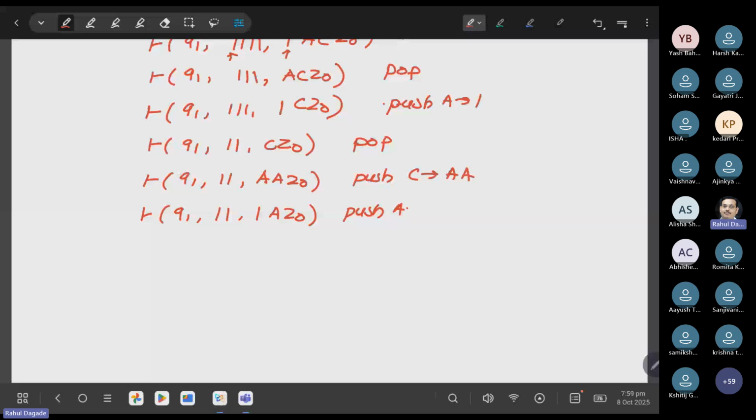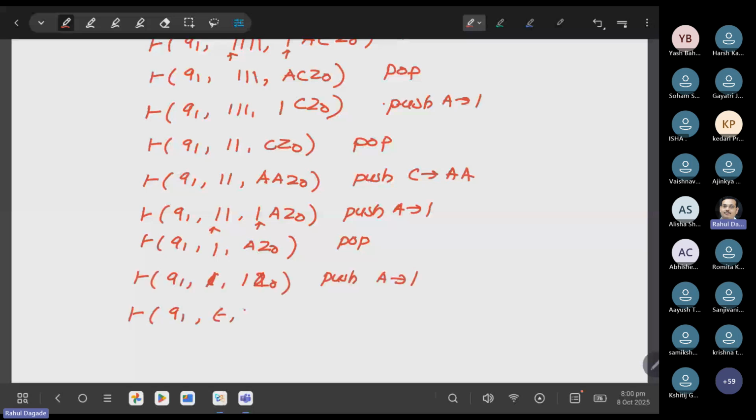Now so that gives Q1 null, sorry, 1 A is 1 Z0, that is push A gives 1, and 1 1 is matching, so that is Q1 null Z0. This is pop. And finally you are in Q1 state, null is input and Z0 on stack, so that comes to Q2 state, null Z0.